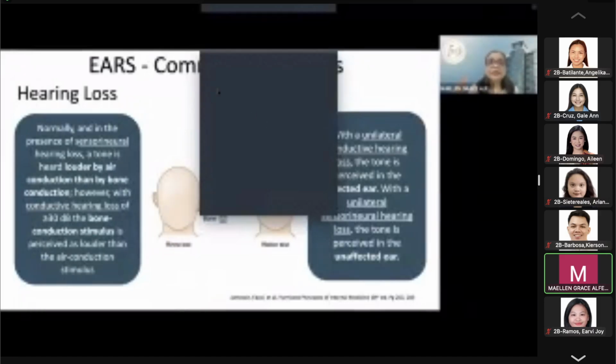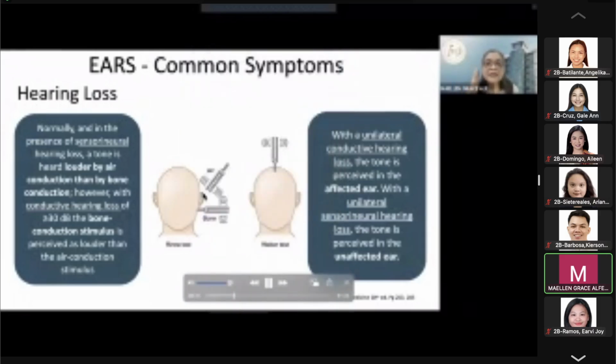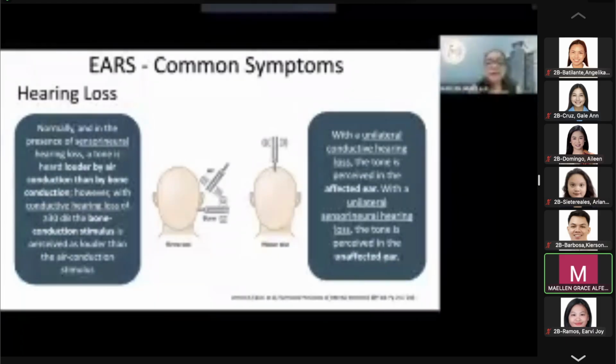And then if the patient cannot hear the sound anymore, you will place it just at the side of the ear. So that will be air conduction. In normal persons, without any hearing loss, the air conduction is louder or greater than the bone conduction.